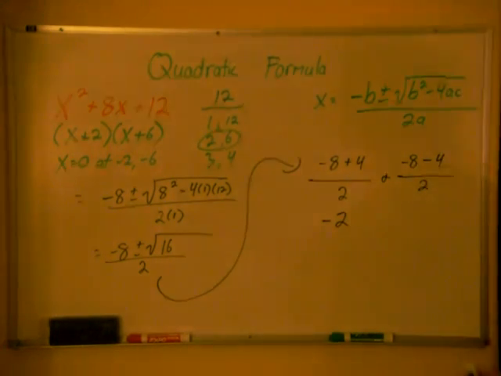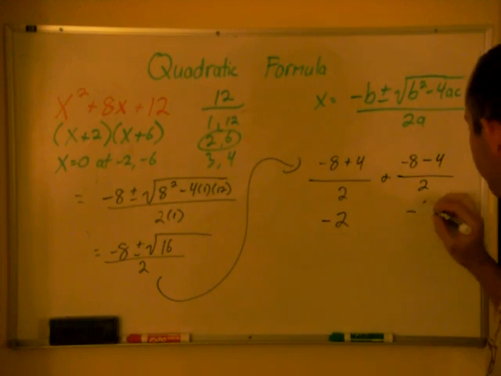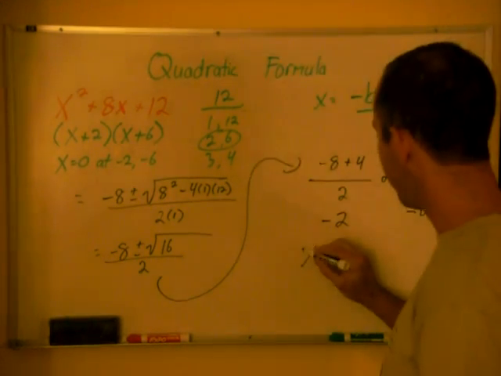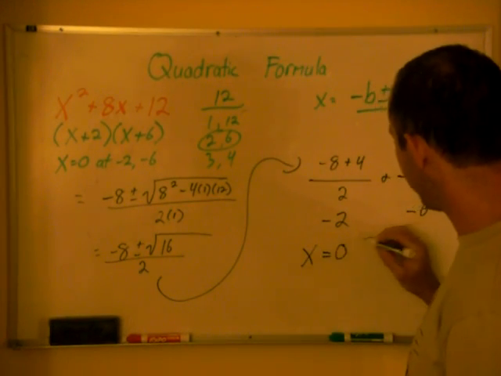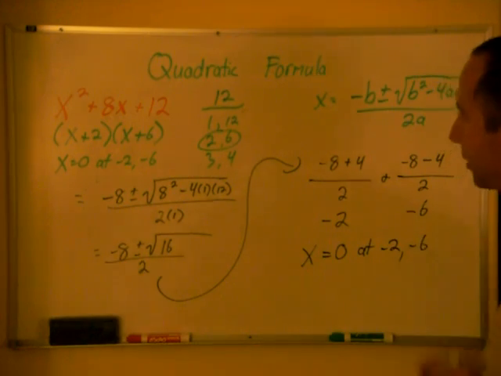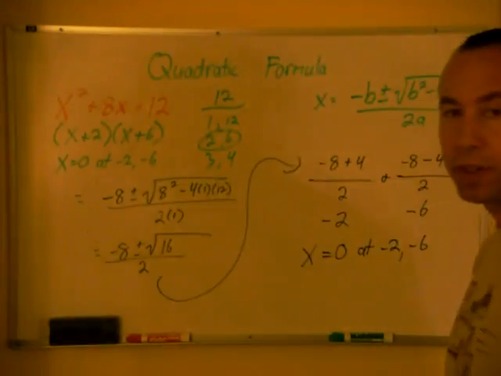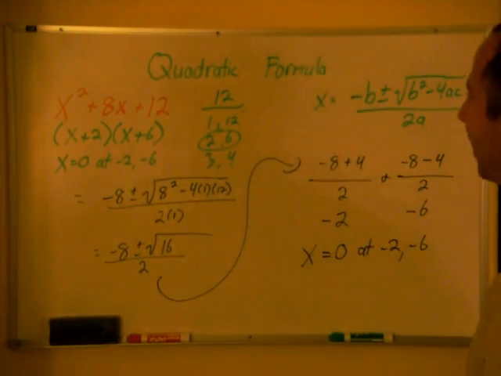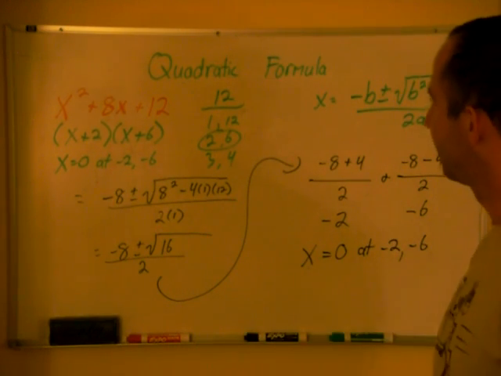And negative 8 minus 4 is negative 12. Negative 12 over 2 is negative 6. So again, we find out that x equals 0 at negative 2 and negative 6, which is what we found over there a lot faster. That's it.